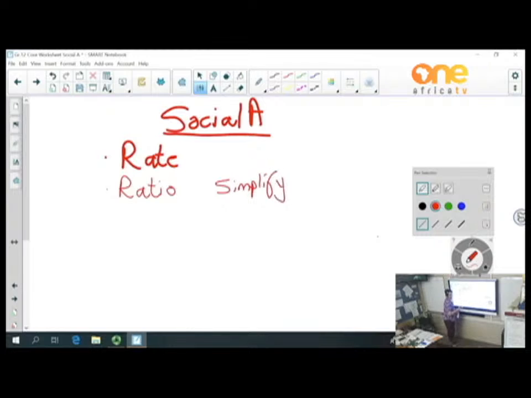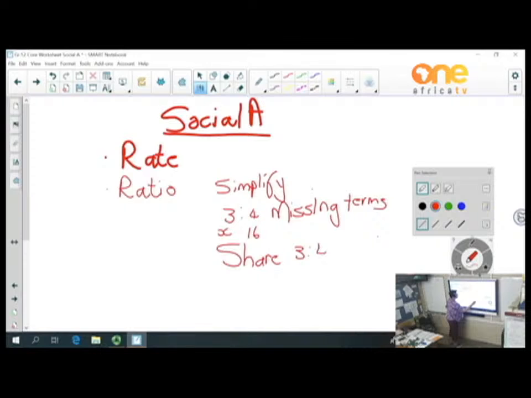Missing terms, where we say the boys to the girls is in the ratio 3 to 4, for instance, and there are 16 girls. How many boys are there? So this is missing terms: you have one of the terms. The next one is when we share in a certain ratio. If we share in the ratio 3 to 4, then we have to add that ratio. So the one gets 3/7 of something, and the other one gets 4/7 of something.